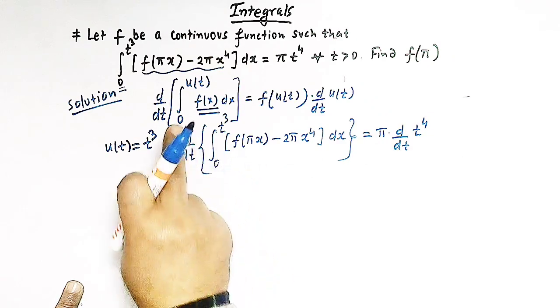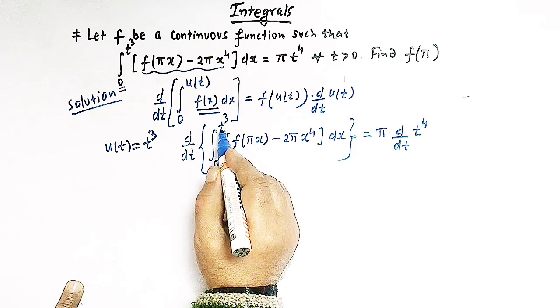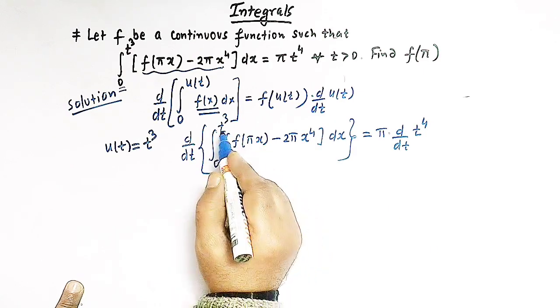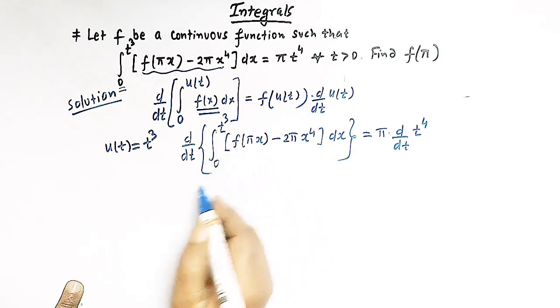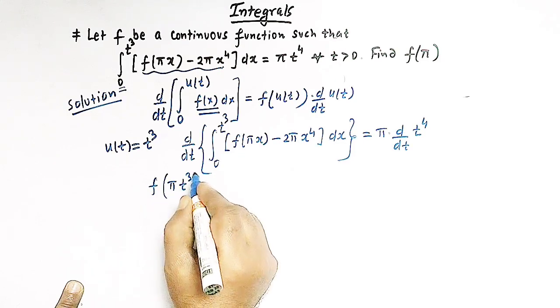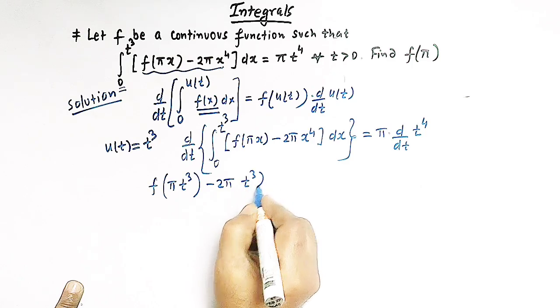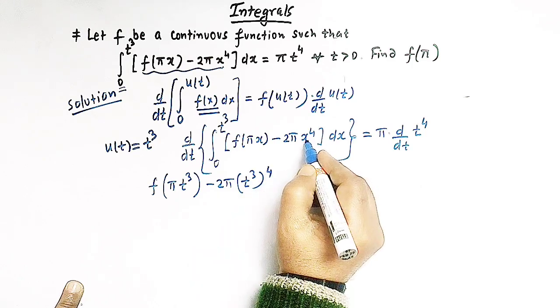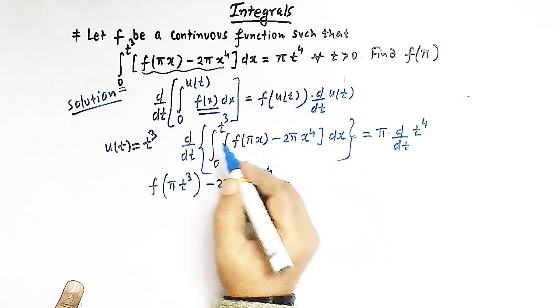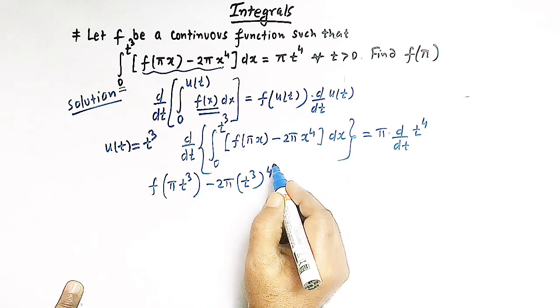And now applying this rule to this integral, we can simply replace x by t cube, right? So we have f of pi times t cube, and then we have minus 2 pi t cube raised to 4, because here we are replacing x by t cube and here the exponent is 4, right?